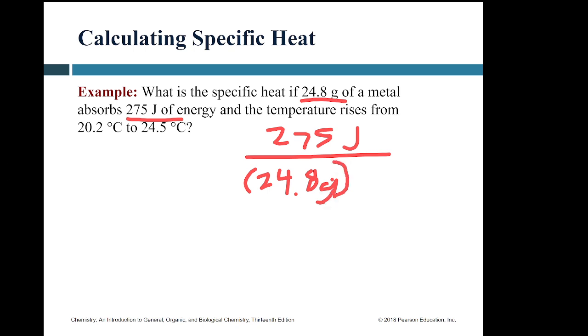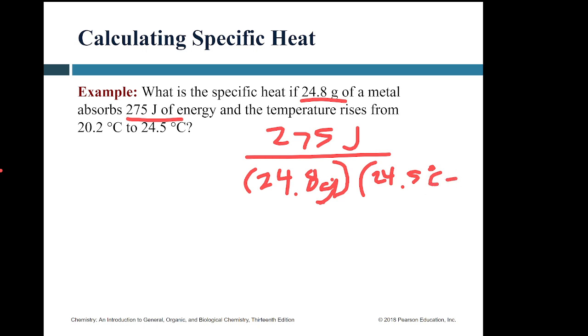Okay. And then we do change in temperature. You got it. And what is a change in? How do we do those? Yeah, and it's always final minus initial, right? Where I end up minus where I started, right? Okay, and so I'm going to go 24.5 degrees Celsius.